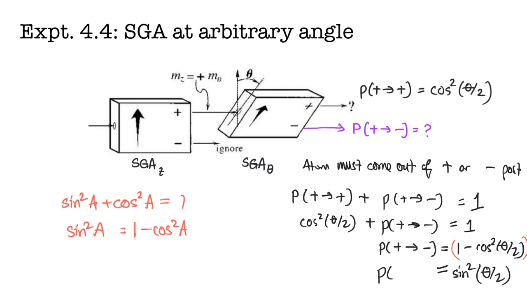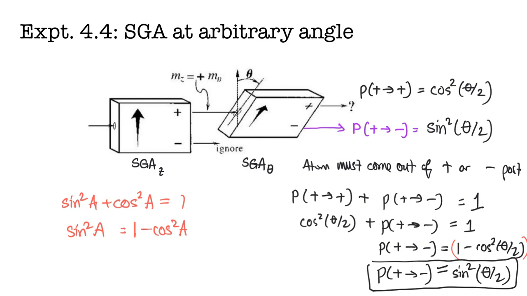So the probability of exiting the minus port of the second analyzer is simply sine squared. So we can add that in here. And now we're guaranteed that the atom's going to come out somewhere, because mathematically these two probabilities will always add to 1.